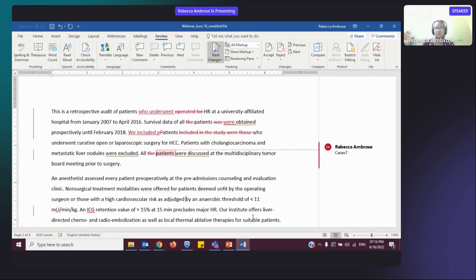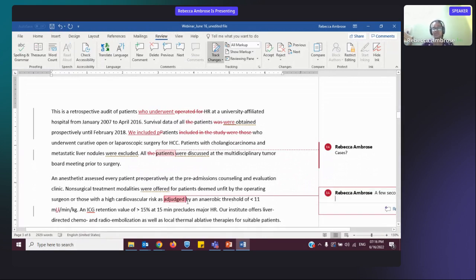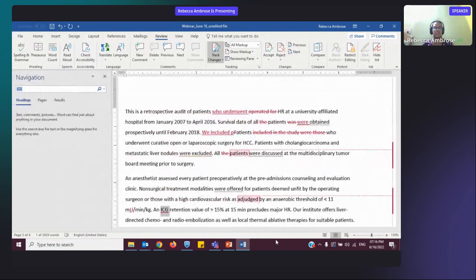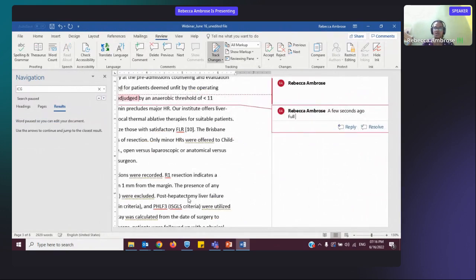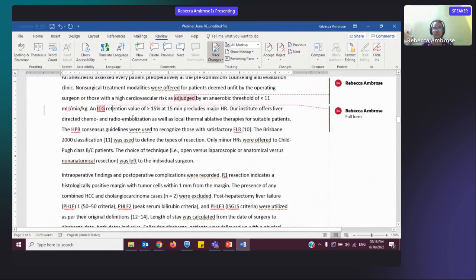Since we don't have much time, I will check the use of this term in this particular context. So I've just put a comment for me to check this at a later stage: by an anaerobic threshold of so and so and ICG risk retention. I don't see ICG being used elsewhere, so we'll have to check for the full form, and if it's commonly available, we'll have to use the full form here.